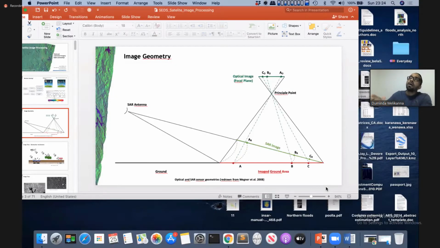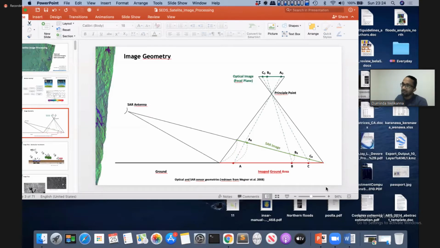Now, remember, this is only for flat terrains. What I am showing here is a flat terrain, but remember when there is a mountain, this slant range is not perpendicular to the surface, not perpendicular at the flat terrain. So things become more complex.